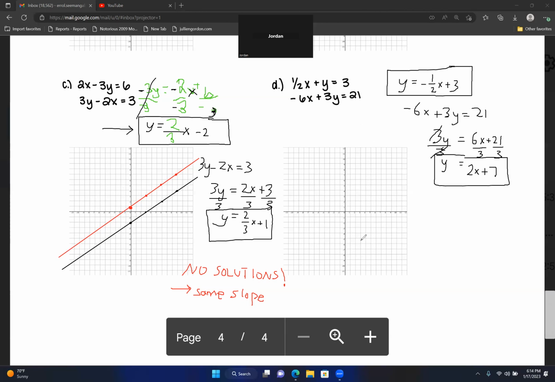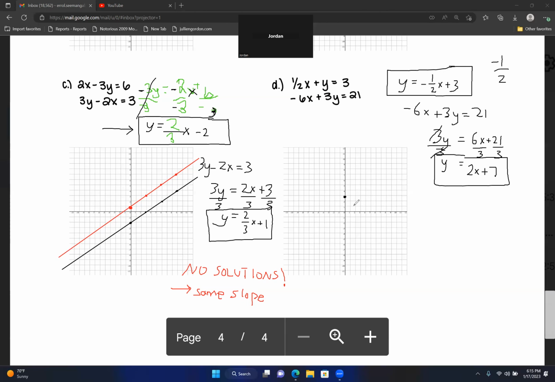Which one do you want to start with? The top one, plus 3. Okay, so 0, 3 is right there. Where's the second dot? Down 1, across left 2. Okay, so negative half, right? The negative could go with the 1 or with the 2, so this is either down 1 and to the right 2, or up 1 and to the left 2.